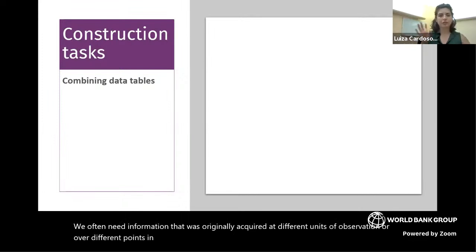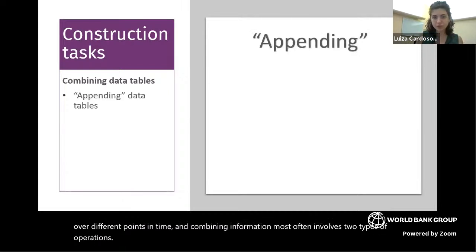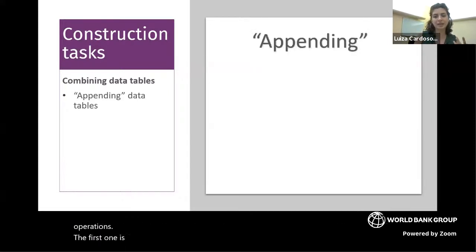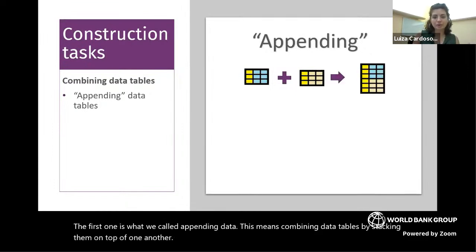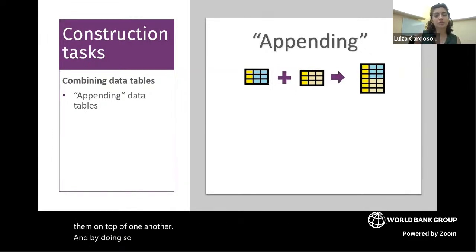And combining information most often involves two types of operations. The first one is what we call appending data. This means combining data tables by stacking them on top of one another. And by doing so, we are adding new observations to the resulting table.